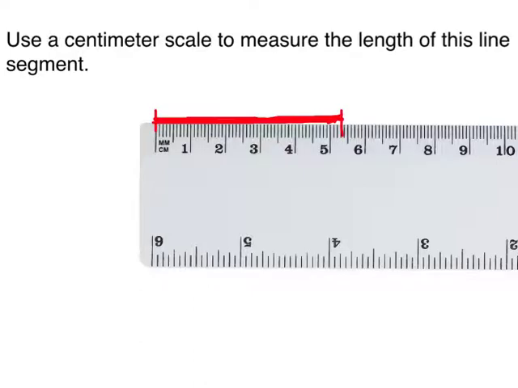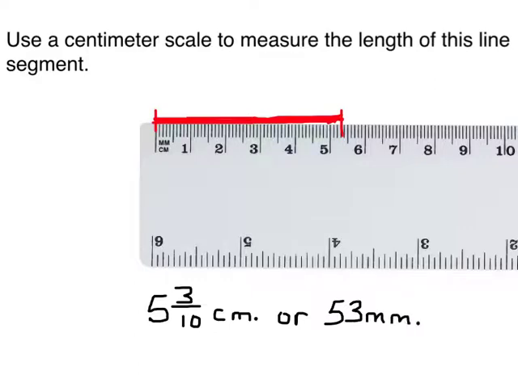So we can say that it is 5 3/10 centimeters, or 53 millimeters long. Okay, isn't this easy? You'd be surprised at the number of adults who do not know how to do this. So I'm really proud of you guys.